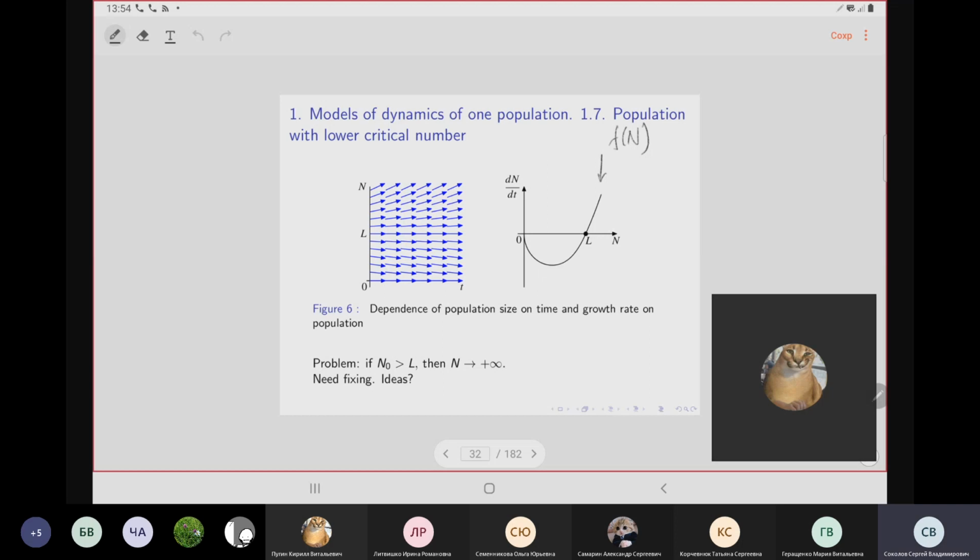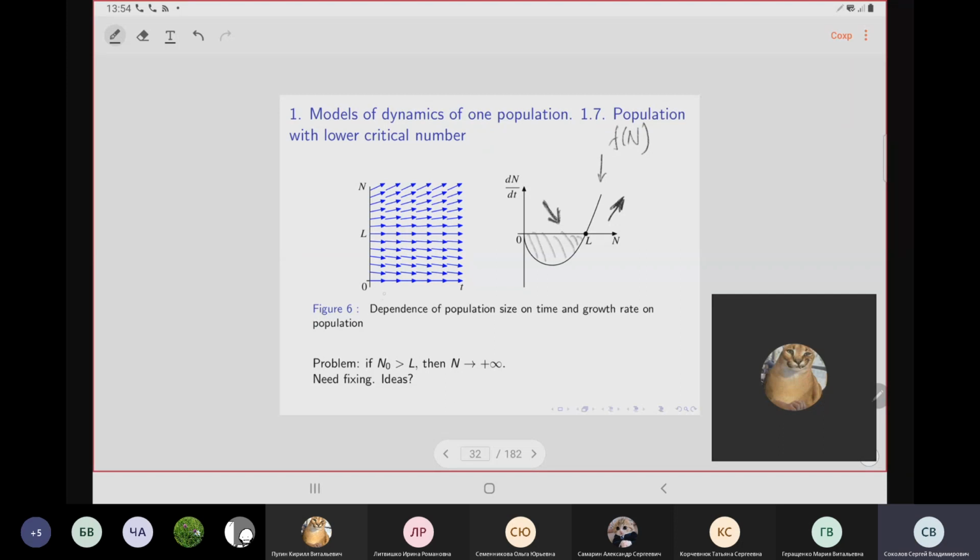If n is more than 0 and less than L, n dot in this region is negative. It means that the population decreases in this region. And starting from L, it starts increasing.